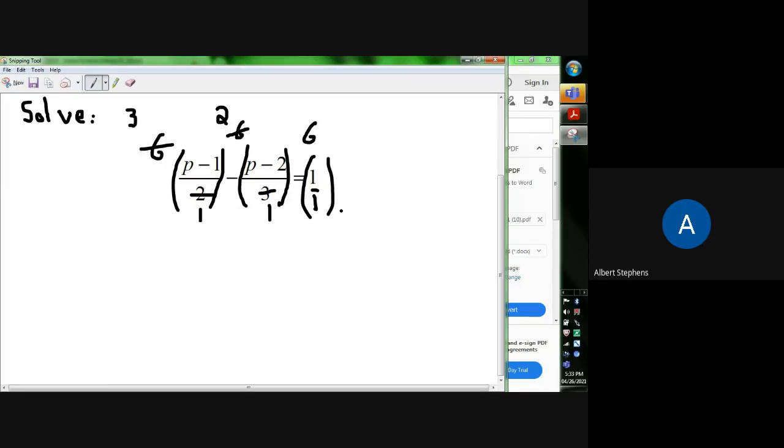So 5 over 1 is the same thing as 5, am I right? Yes. 7 over 1 is basically 7. So we're not going to write the bottom piece here. We're going to ignore the bottom piece.